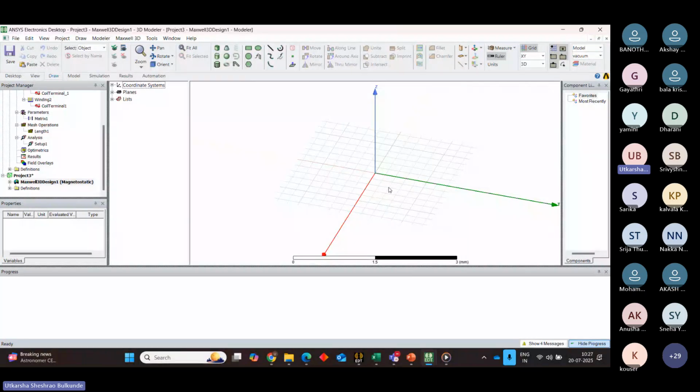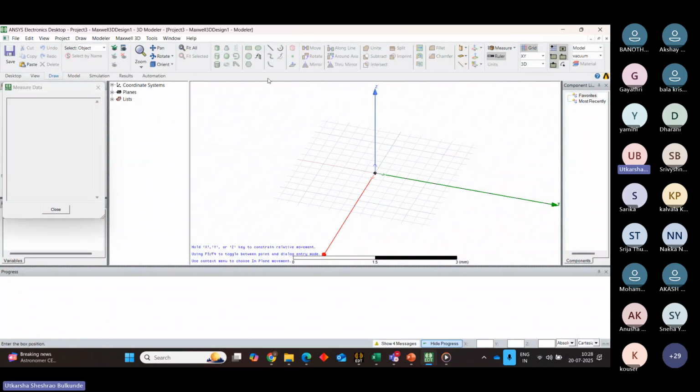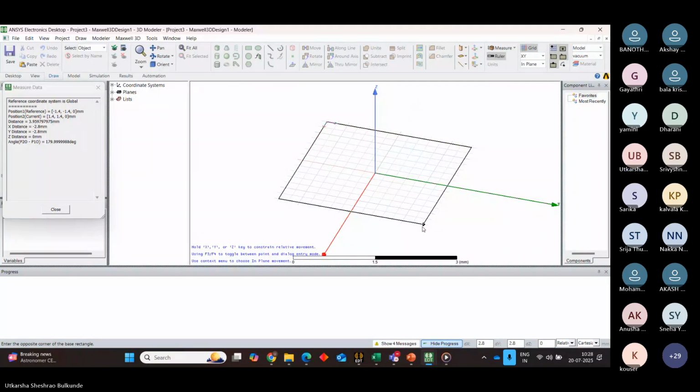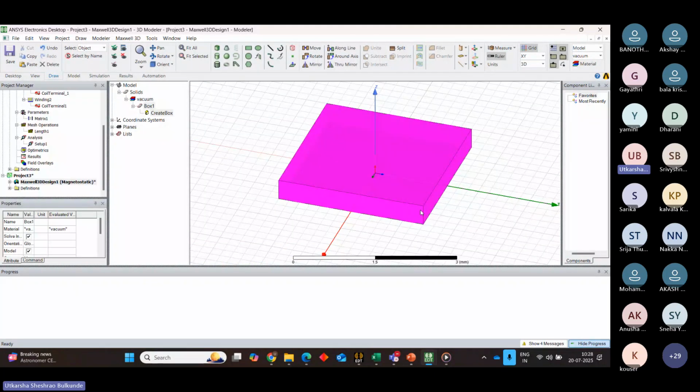Now we will see how we can draw a rectangular coil. The steps are the same. First we go to draw box, because our coil is rectangular in shape. Draw a box here, right click, then in the upward direction. You got a box.